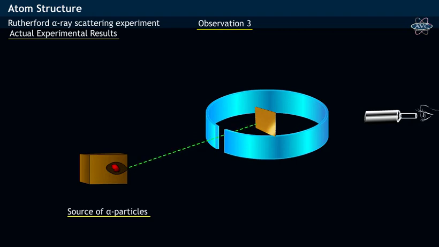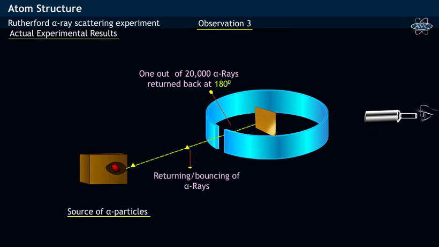Surprisingly, in his third observation, Rutherford noticed that only 1 out of 20,000 alpha ray particles deflected or bounced back along the path of emitted alpha rays at an angle of 180 degrees.